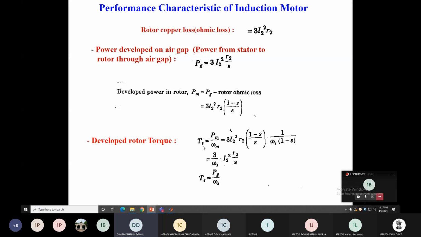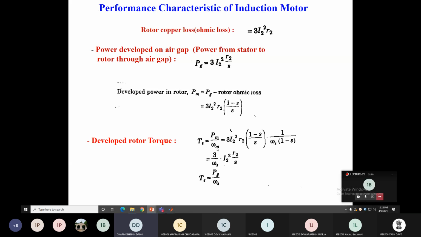So the electromagnetic torque of the induction motor, Te, is equal to Pm divided by omega m, where Pm is the power developed in the rotor and omega m is the speed of the rotor. So Pm is 3 I2 squared R2 into (1 minus S) divided by S, divided by omega m.